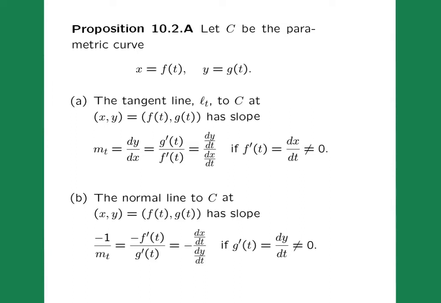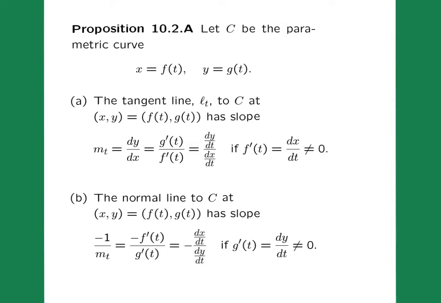Now, on to the normal line. The normal line to C at the point x, y corresponding to the parameter t, what is its slope? Well, we know that the normal line has slope equal to the negative reciprocal of the slope of the tangent line. So its slope is minus 1 over m sub t, where m sub t is the slope of the tangent line at t.